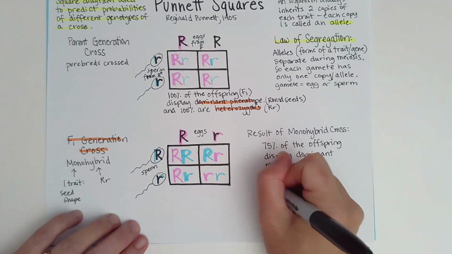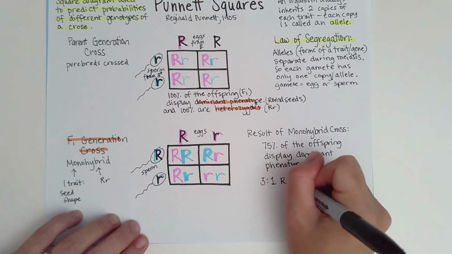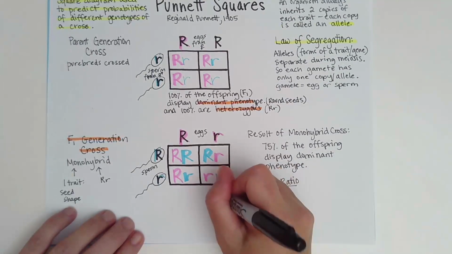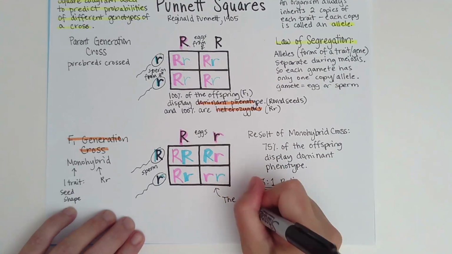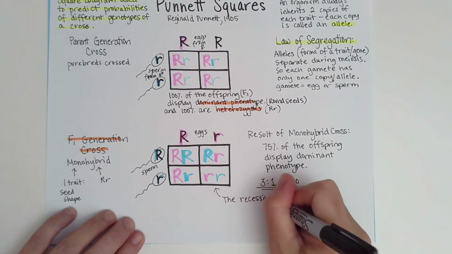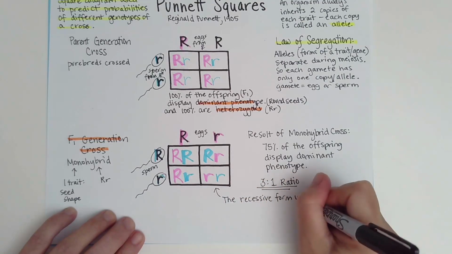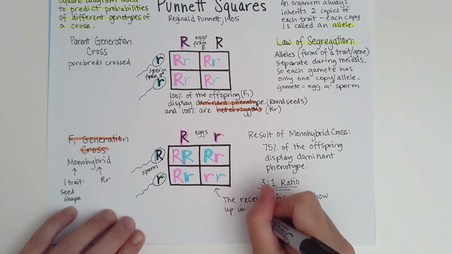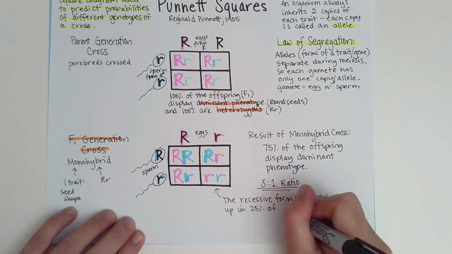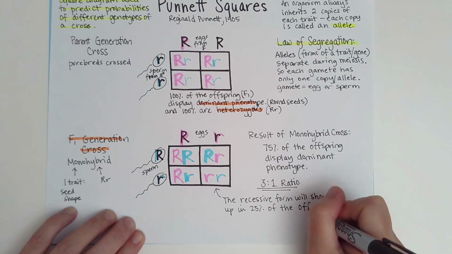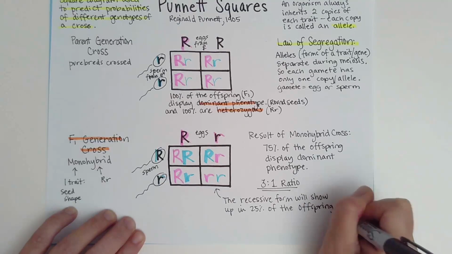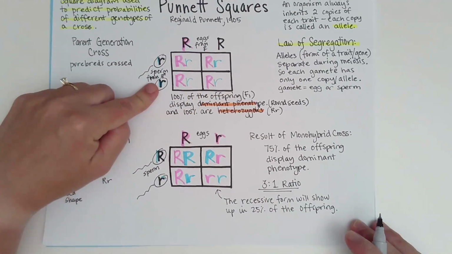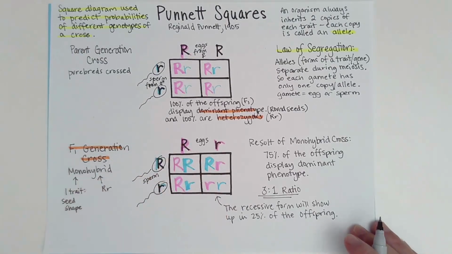And it's a 3-to-1 ratio, so remember that. And the recessive form will show up in 25% of the offspring. So the recessive phenotype was masked when the purebreds were crossed, but it reappeared when the hybrid offspring were crossed.